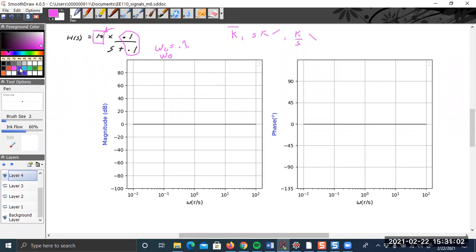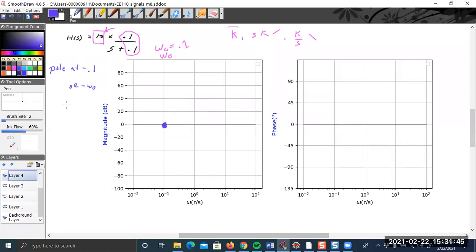That is, there's a pole at minus 0.1 or minus omega naught. So seeing that right there, when S equals that, right, and this is for real poles and zeros, right, I know that something is happening at 0.1. All right. So I know that that's going to be the first thing I need to do.